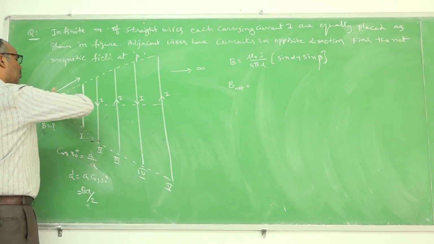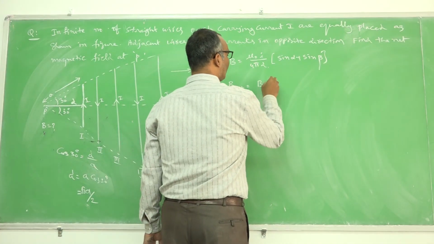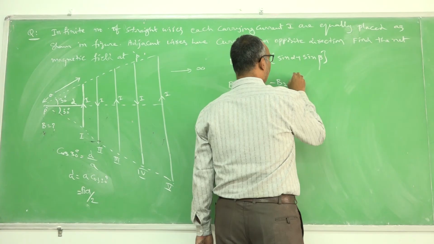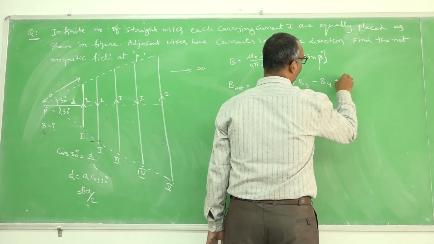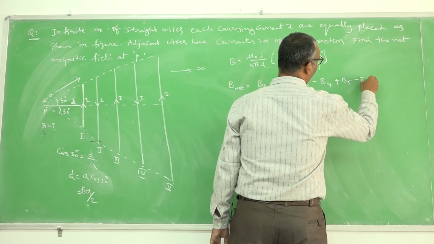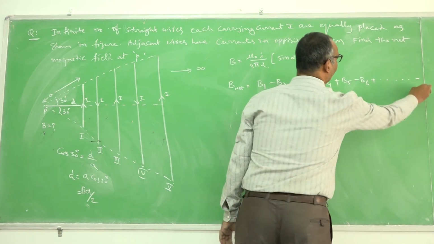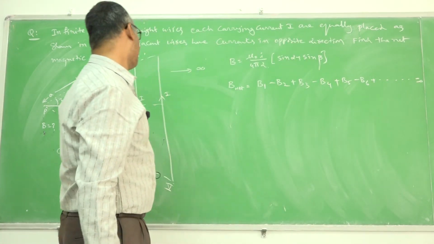Field out of the paper I should take as positive, B1, because of the first wire. B2 is into the paper, negative. B3 is out of the paper, B4 is into the paper, B5 is out of the paper, B6 is into the paper, plus etc., up to infinity. Infinite number of wires are there.